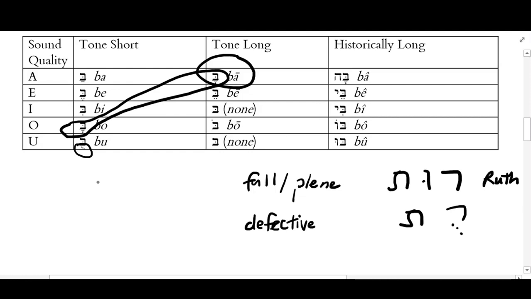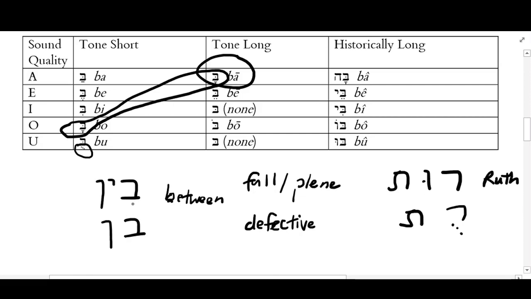Let me give you another example. You might have a situation in Hebrew where you had these two words, both of them meaning the same thing, between, but in this case a mater yod was added, and in this case the mater yod wasn't.